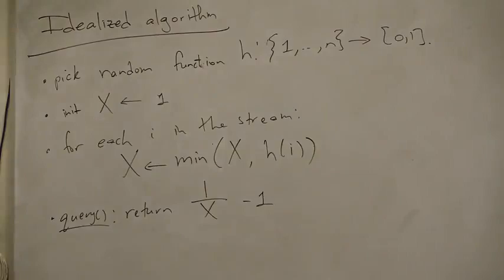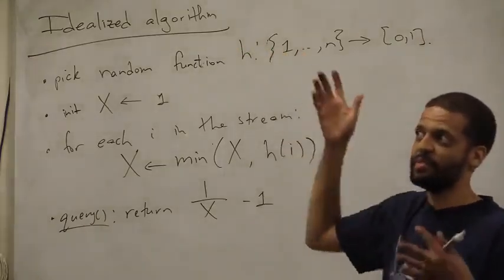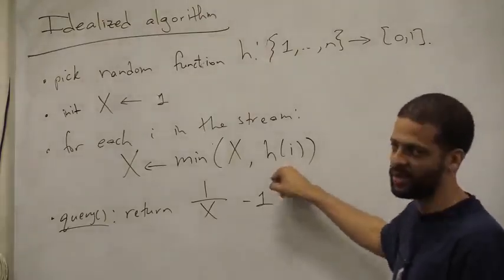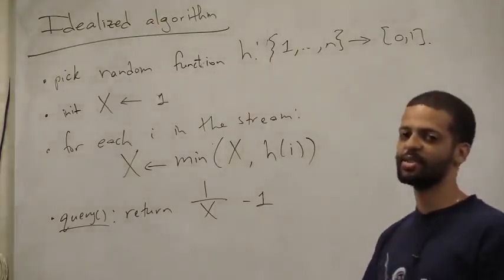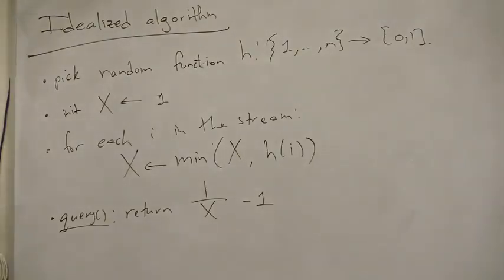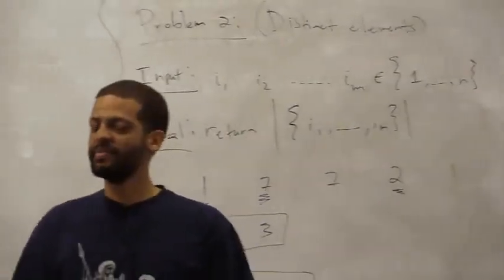Now, what are the problems with this algorithm? Notice that when I pick this random function h, I need to remember what function I picked. Because later I need to keep evaluating h as I see items in the stream, and if I see item 1 now and I see item 1 again later, then my h of 1 had better be consistent.